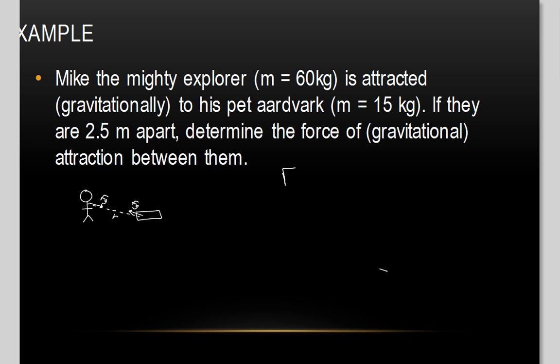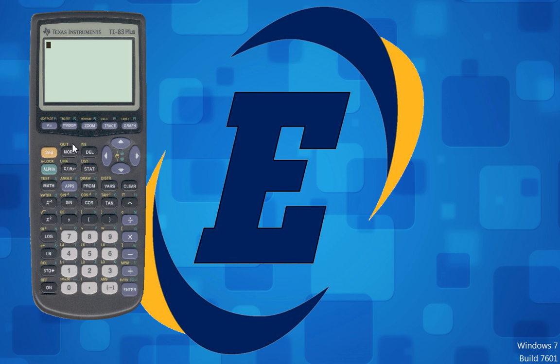I don't want to make this overly difficult because it's really not that hard. To find the force of gravity between them, all we have to do is go G multiplied by m1 m2 over r squared. Now before we do that, I'm just going to give you a little calculator shortcut. On your calculator, you can type in the gravitational constant. So do this with me: 6.67, then times 10 to the, second comma, times 10 to the negative 11.